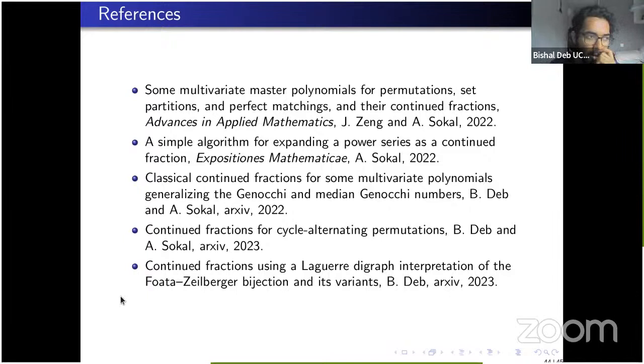It was believed that maybe you cannot use the Foata-Zeilberger bijection for cycle counting. It wasn't obvious. In a recent work I show that you can actually count cycles using the Foata-Zeilberger bijection. So our work is derived from really understanding these two bijections in some depth.